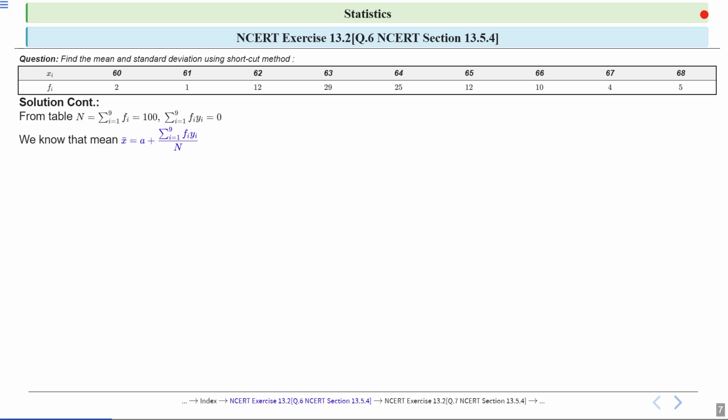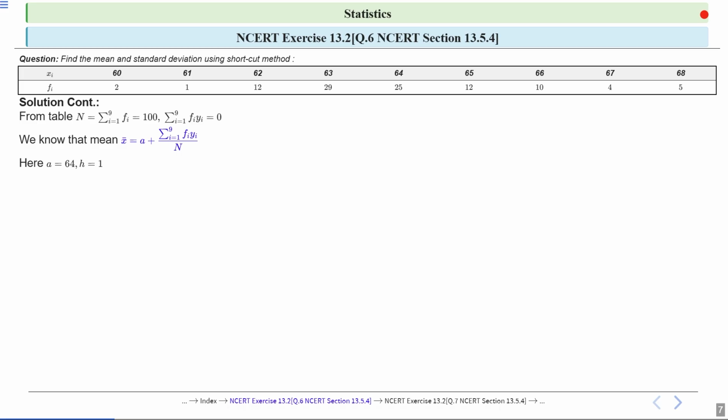Now let's recall the formula for the mean using the shortcut method. The mean, written as x bar, is given by x bar equal to a plus h times the sum from i equal to 1 to 9 of fi times yi divided by n. Here a is the assumed mean, yi is the deviation of each xi from a divided by the class interval h, and now we will use this formula to find the mean.